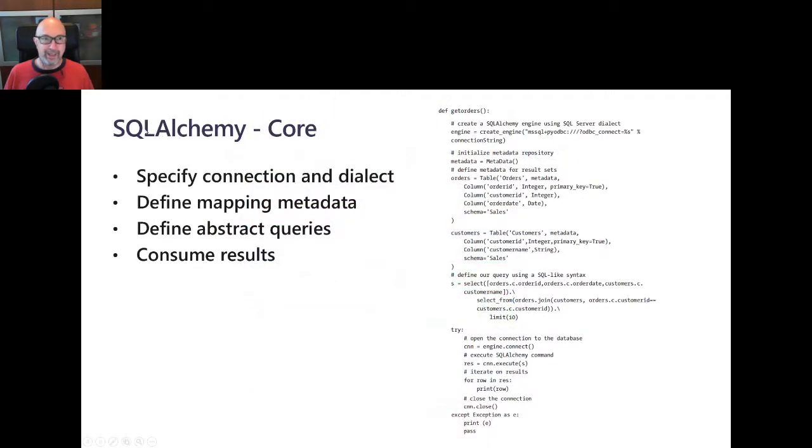So if we use, for example, the SQL Alchemy Core layer, the way we write our code is that we typically define the metadata layer where, for example, we describe our tables and columns in the relational data. In this case, I have the orders and the customers tables.